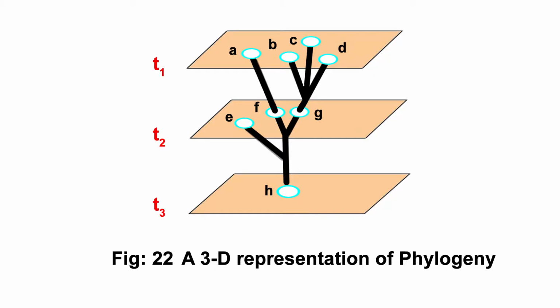Figure 22 is a 3D representation of phylogeny which has 3 time planes T1, T2 and T3. T3 is the oldest and T1 is the youngest.